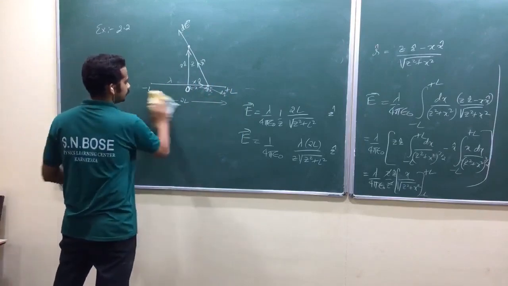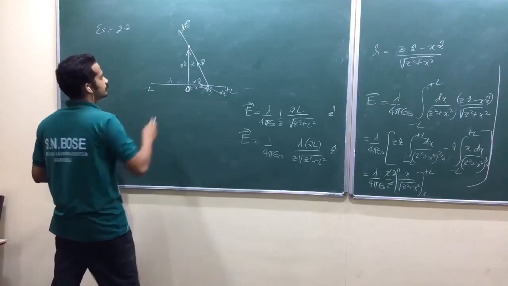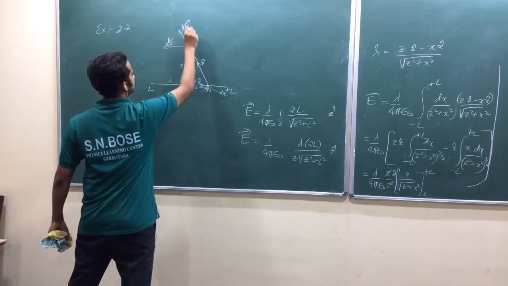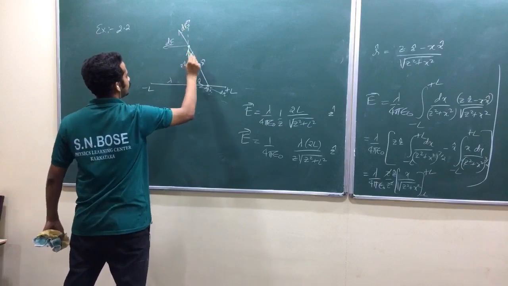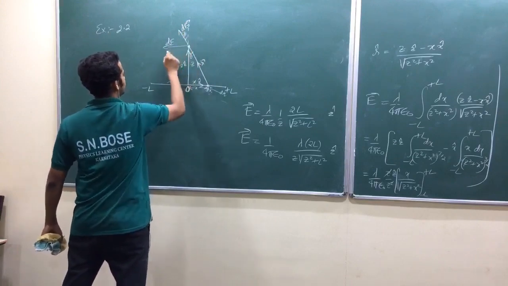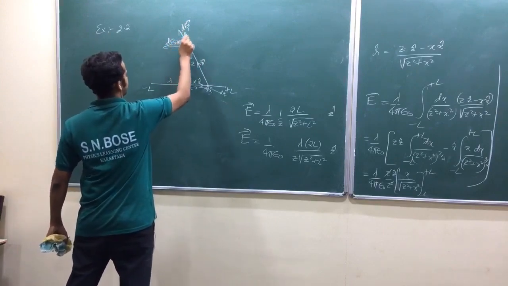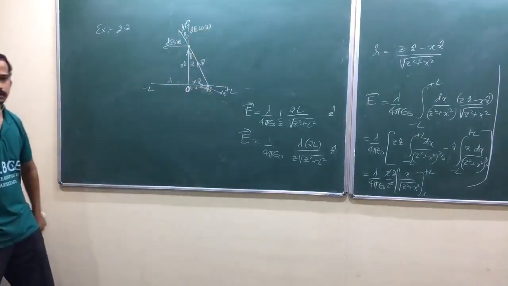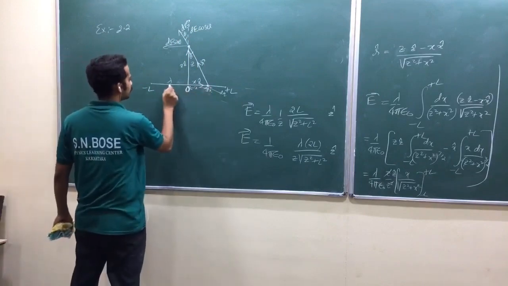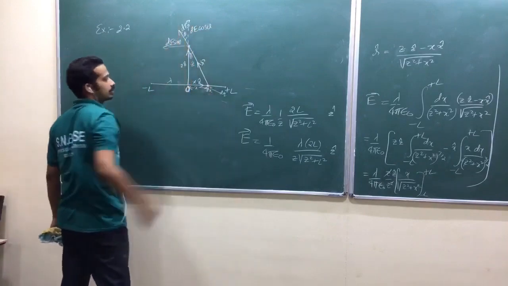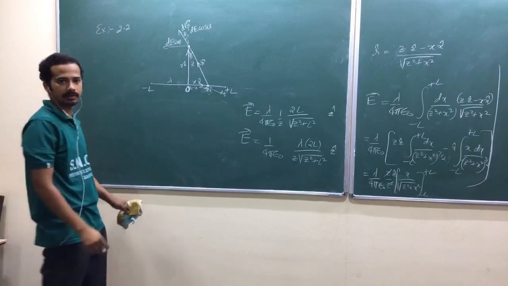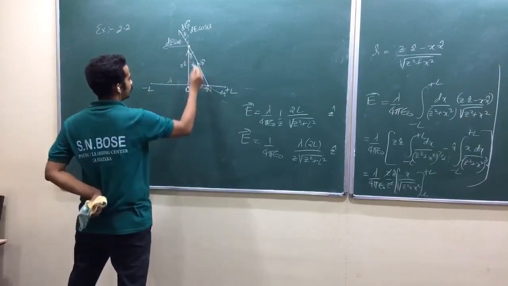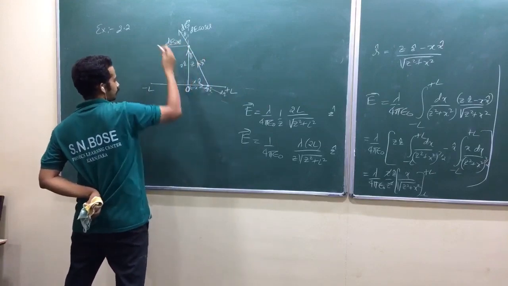What is the other one? Write it as dE. You can define theta here: dE sin theta, dE cos theta. Am I right? So wherever you take the segment, remember that the dE cos theta component is going to get added. But dE sin theta, look here: for this element, you have a horizontal dE sin theta component.